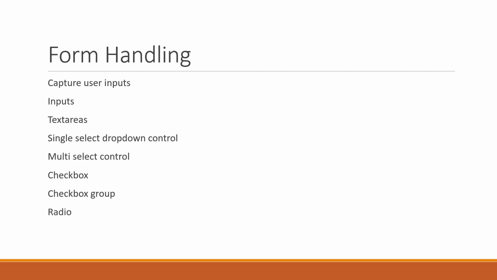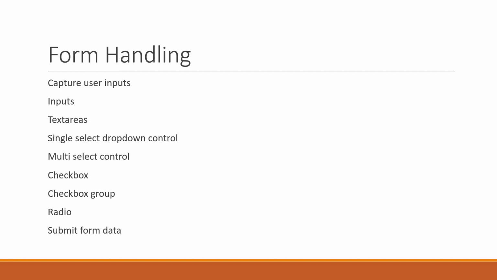Once we capture the values from the user, we also have to learn how to submit those form values. We are not talking about submitting to an API, but having a submit button that can at least log the form data to the console is definitely required. As you can see, we have a lot to learn about form handling, which is why I've split this topic into two videos.